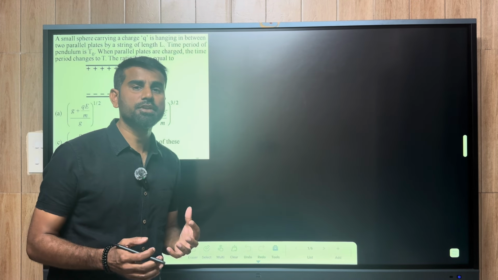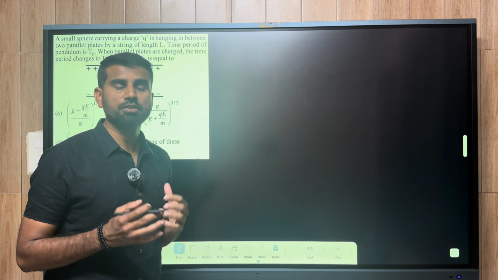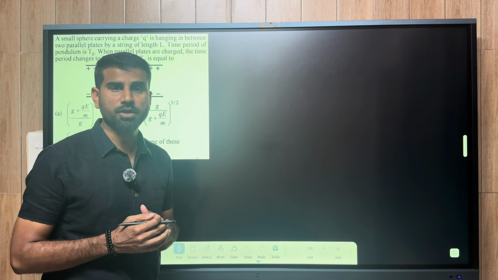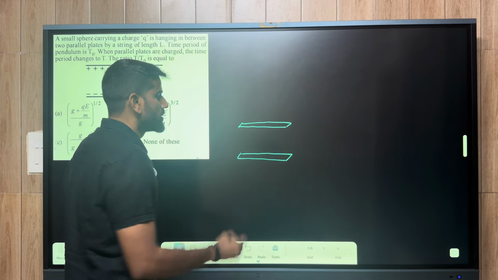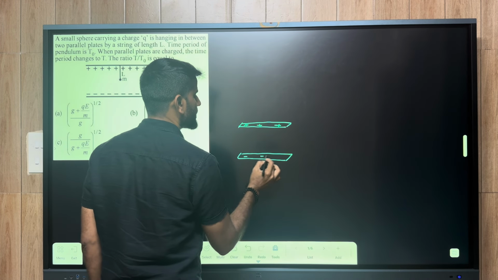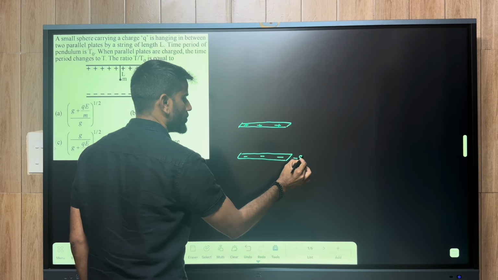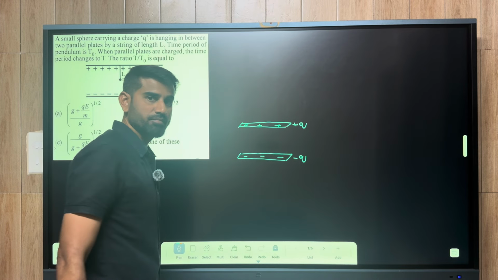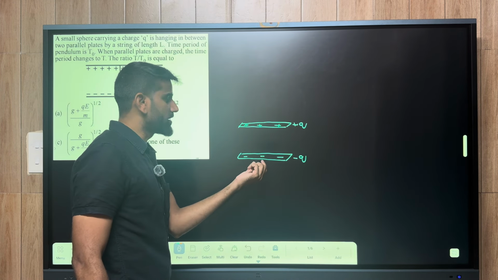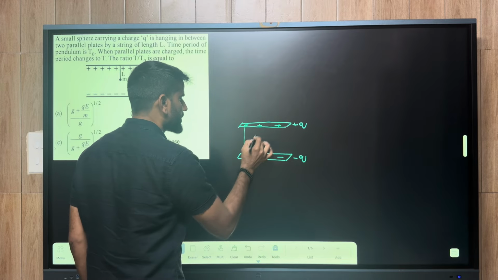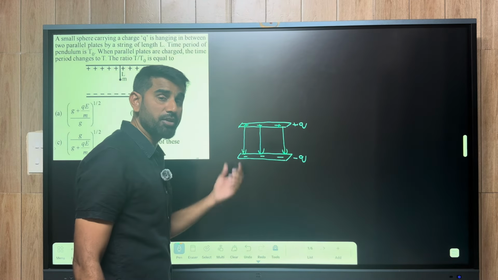Let us recollect some of the key points of motion of a charged particle in a uniform electric field. How can a uniform electric field usually be created? If I take two charged plates, I mean two thin sheets, if this is positively charged with charge plus q and this is negatively charged with charge minus q, they will create a certain amount of electric field in between the plates.